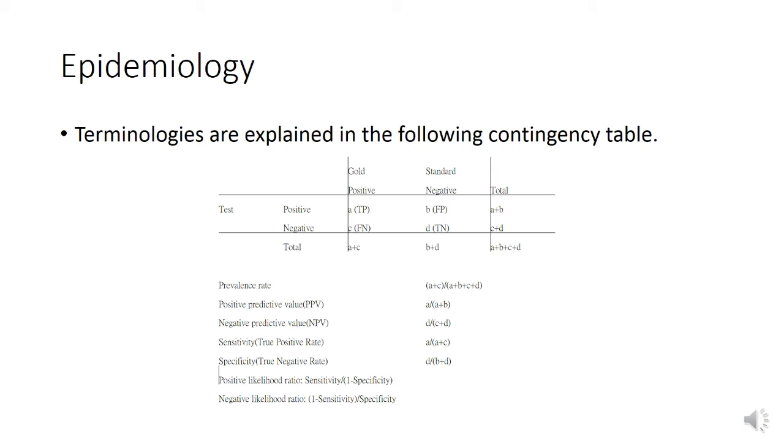We can also find out positive likelihood ratio, which is sensitivity over (1 minus specificity). Finally, negative likelihood ratio is (1 minus sensitivity) over specificity.